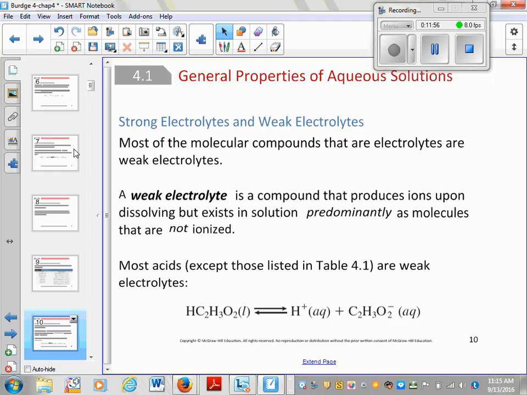There's not a single arrow. That means the reaction goes both ways. However, it stays mostly as the undissociated acetic acid. It only goes to the right about 5%. And later on, if you do CHM152, you see why that happens. So it's a weak electrolyte. It conducts electricity, but not as much as a strong electrolyte.